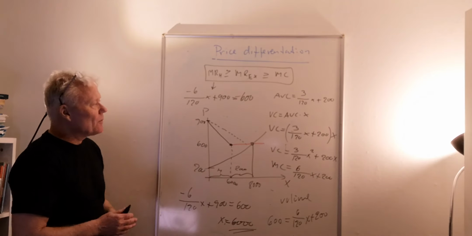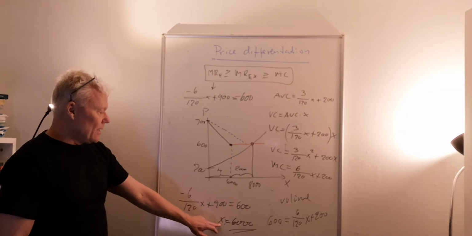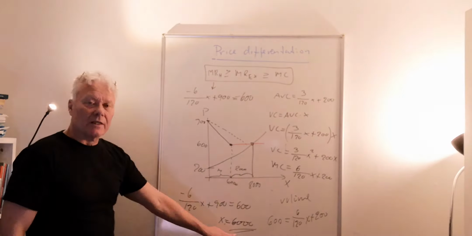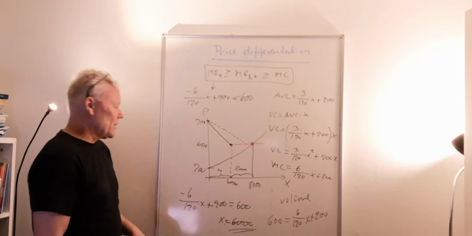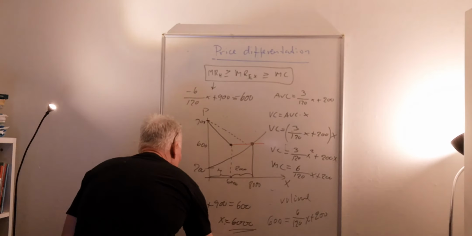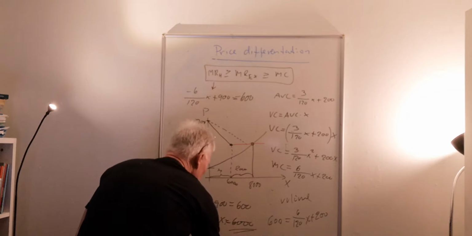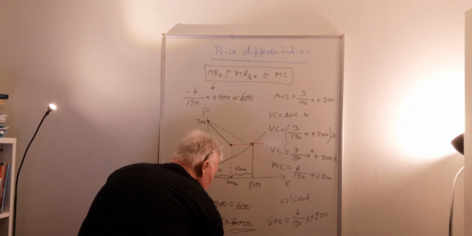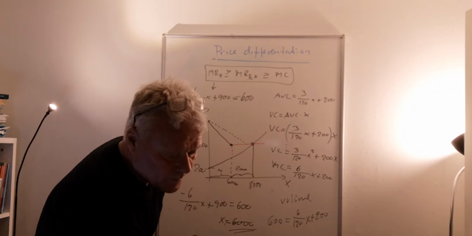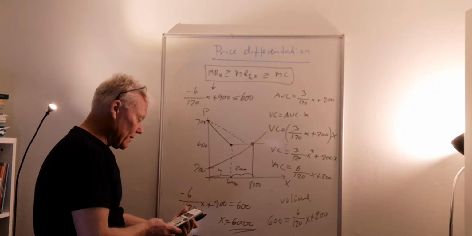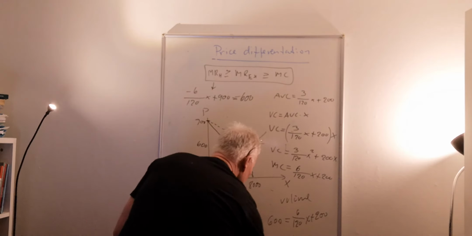And then we should be able to find the price on the home market by setting the number 6,000 into the price function and find the price. We can do that by setting P is equal to minus 3 over 120 times 6,000. I need my calculator to be able to do that. Plus 900.